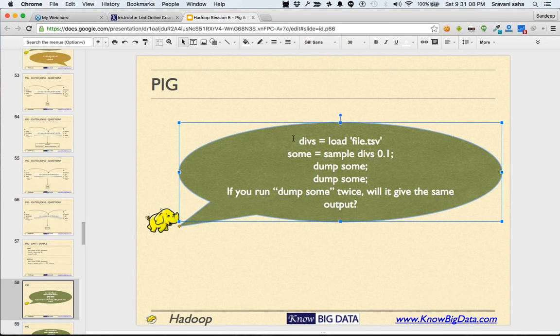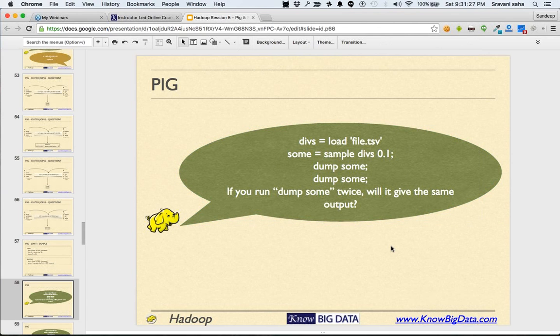Now, a question to all of you. Let's say we are loading a dataset and we are saying sum equals sample divs 0.1 and we run dump sum twice. Okay, so we run dump sum twice.